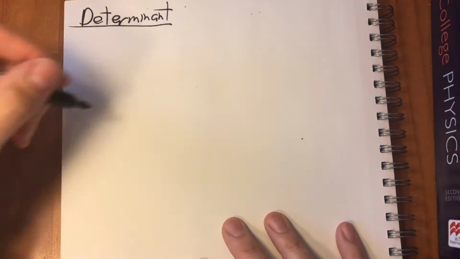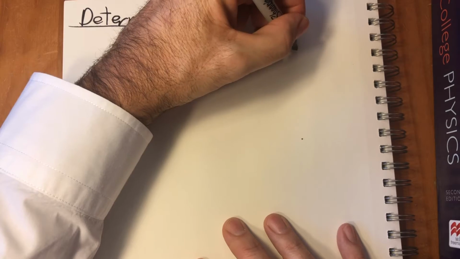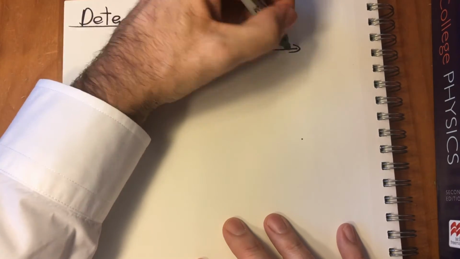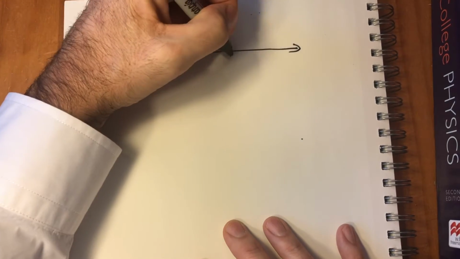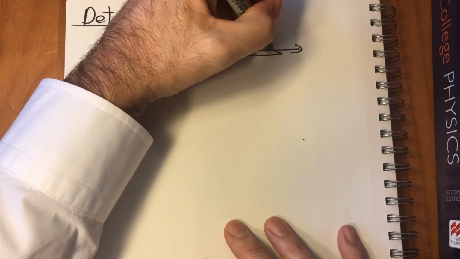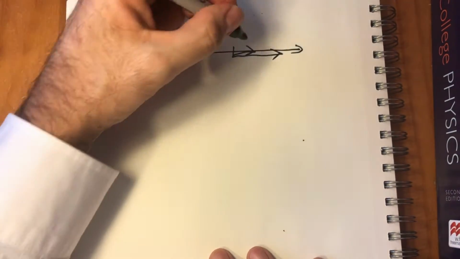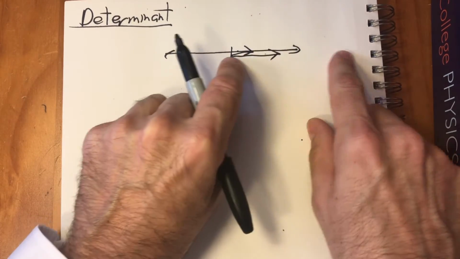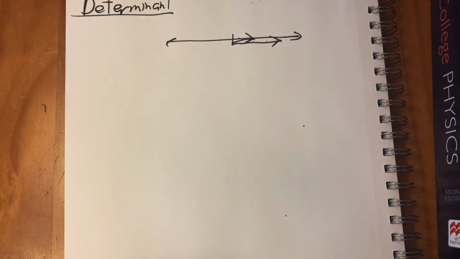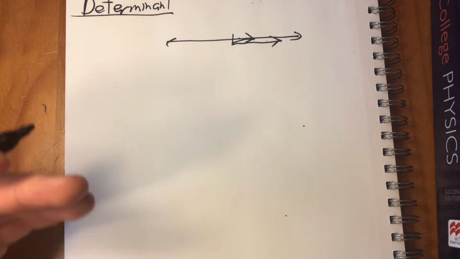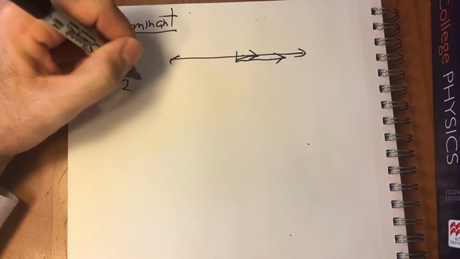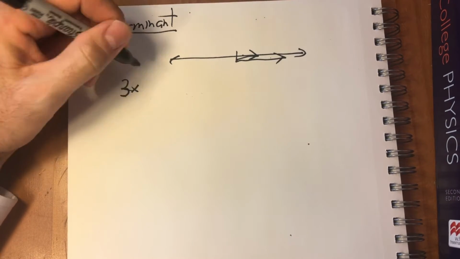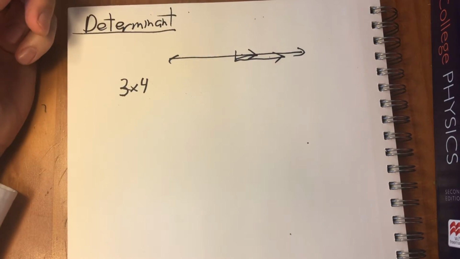So the dot product, again, was basically straightforward one-dimensional multiplication in multiple dimensions. You multiply this by this, you just scale this one by that amount, and you go out that direction. The determinant then is, what happens when you multiply two numbers in sort of opposite directions in some way?